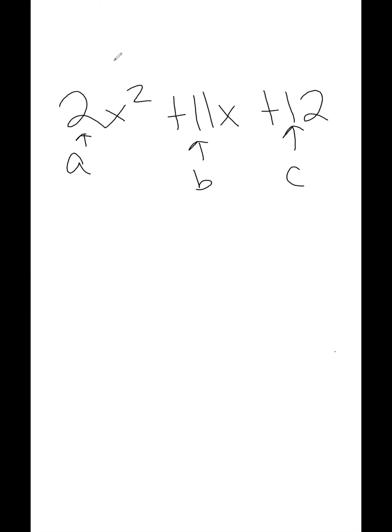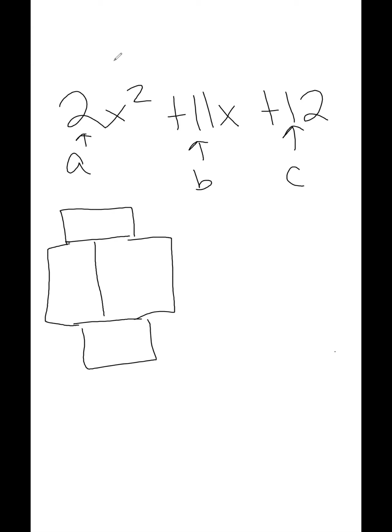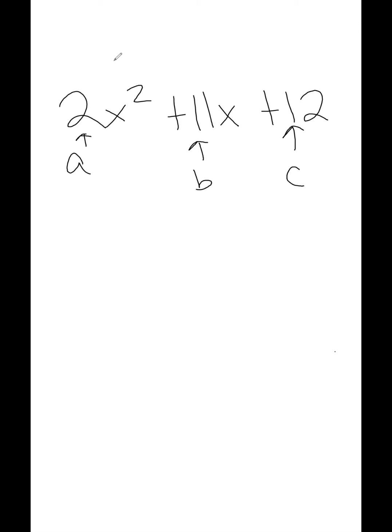So now we're going to do this eye chart. Coach Hendrick did it like this. He had the boxes on all sides. But I like just writing the eye chart. It's the same thing. So I'm going to draw my eye chart.